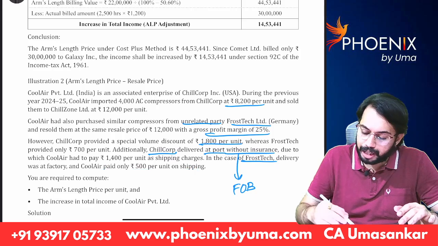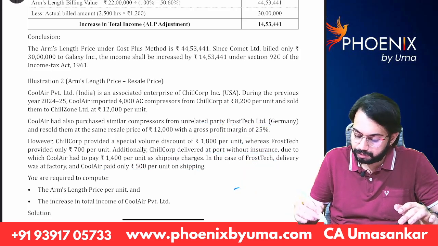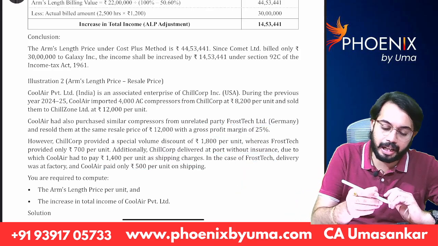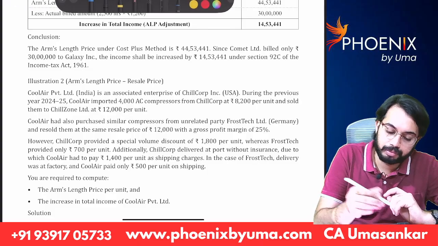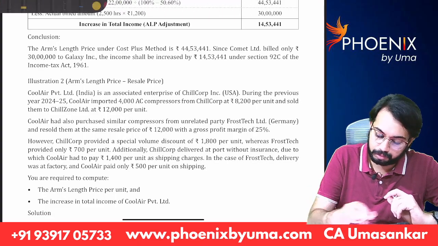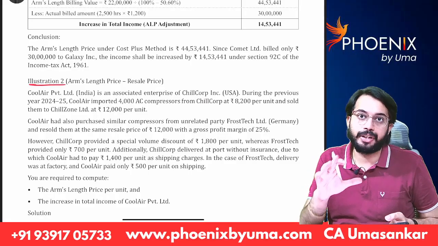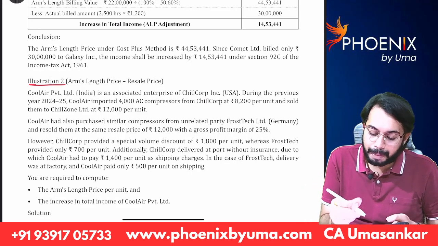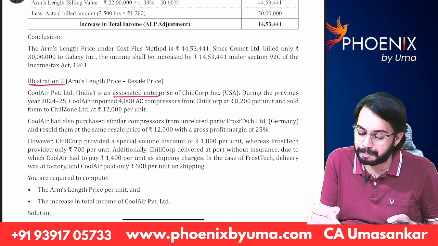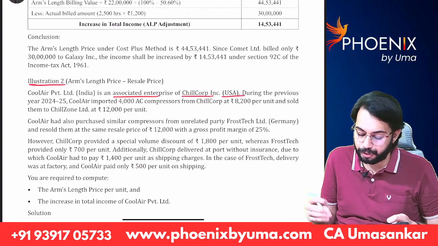You can see this problem in the institute material. Illustration 2 in the institute workbook, actually not material. Cool Air Private Limited is an associated enterprise of Chill Corp Inc., USA.